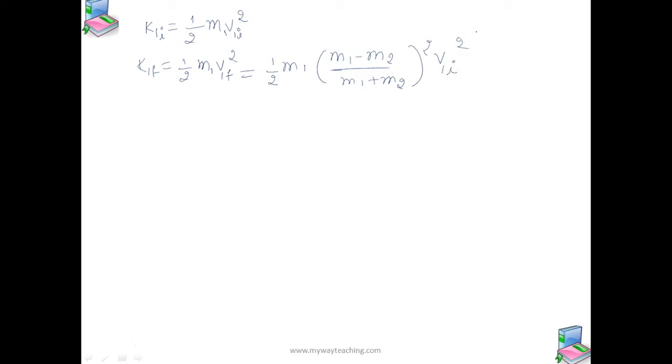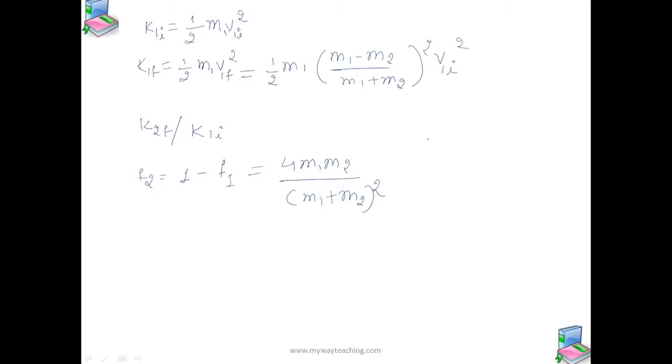While the fractional kinetic energy gained by the moderating nuclei, that is K2f by K1i, is given by f2 is equal to 1 minus f1, where f1 is the elastic energy fraction, which is given by 4 m1 m2 by (m1 plus m2) whole square.